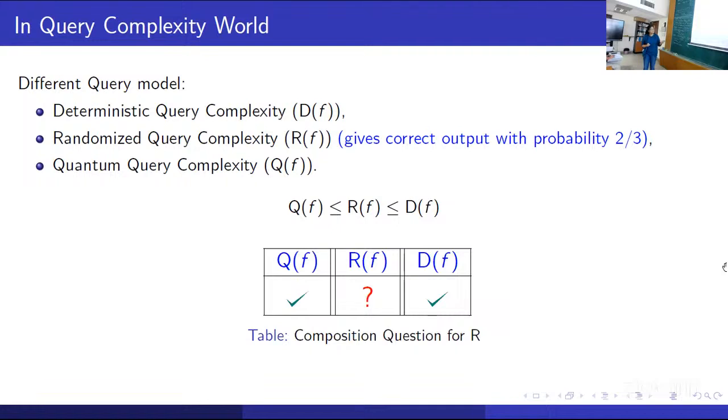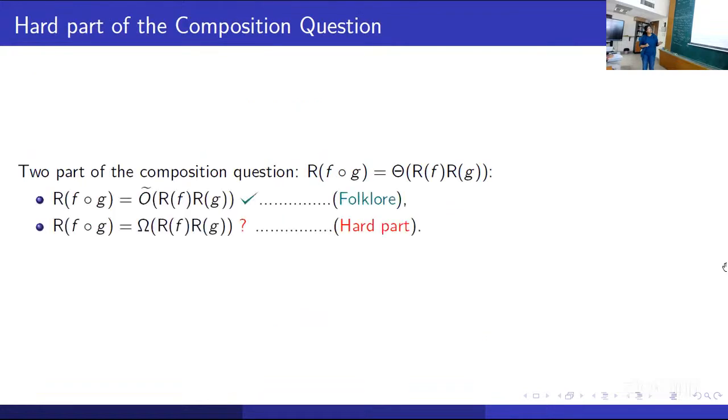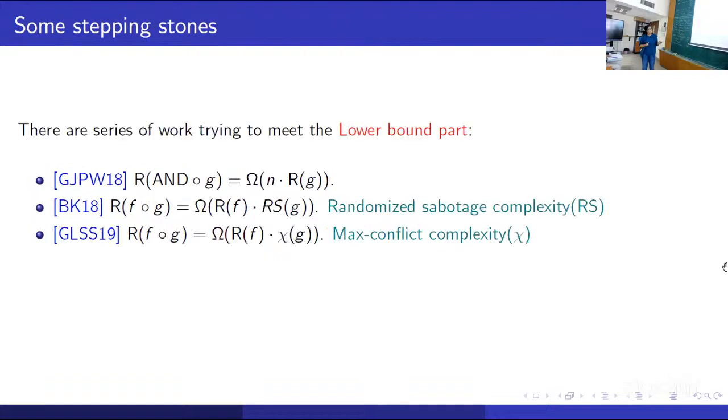That is the complexity for which the problem is open, whether randomized query complexity composes or not. And of course, the question again has two parts, the upper bound and the lower bound, and the lower bound is the open problem that we want to solve.